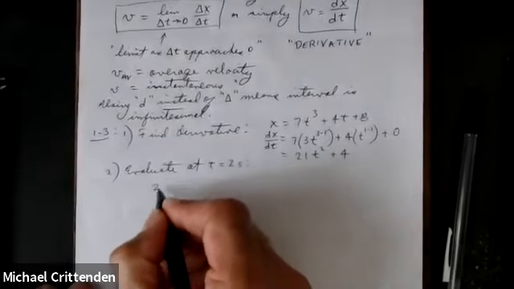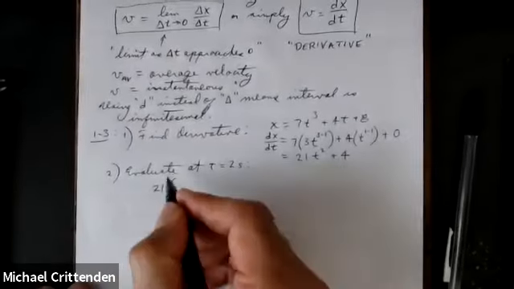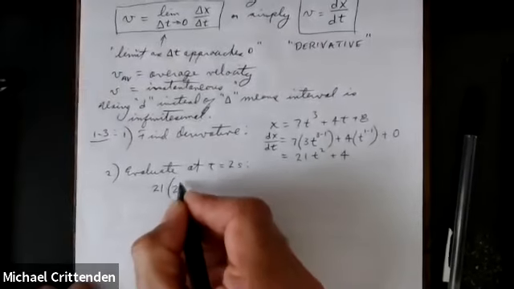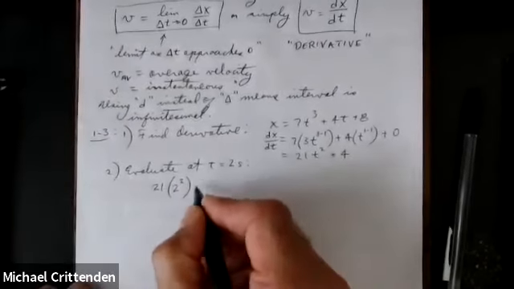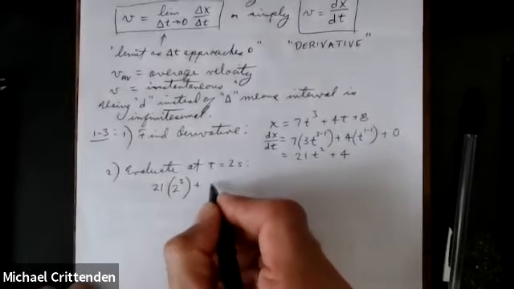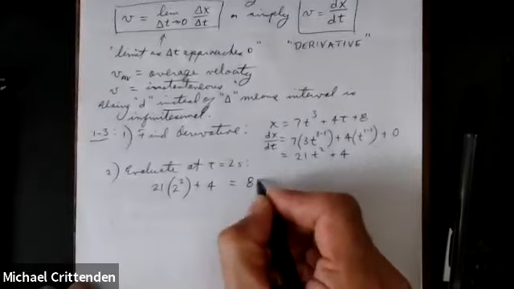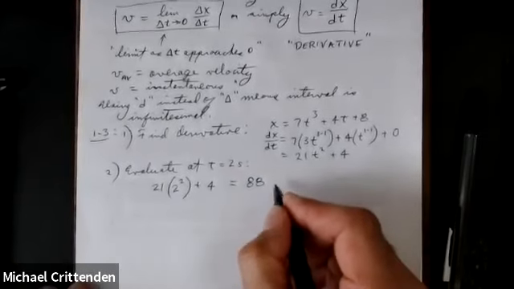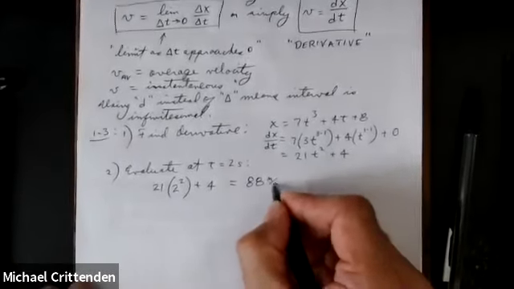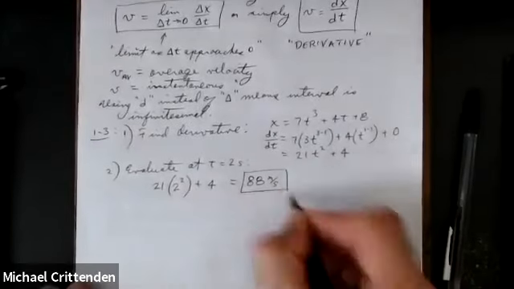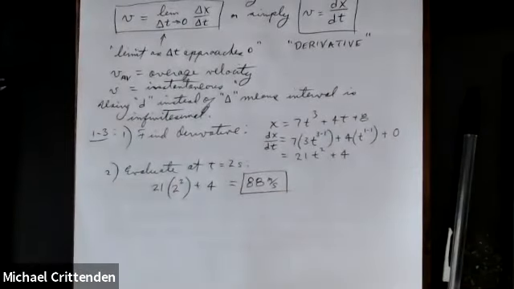So 21, put in 2 where the letter t used to be. And at that particular moment, it's going 88 meters per second.